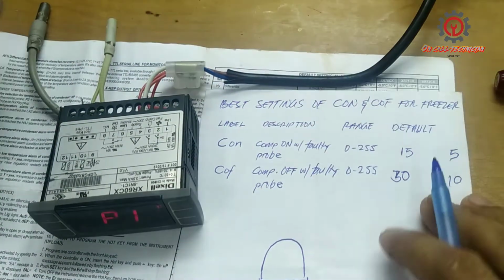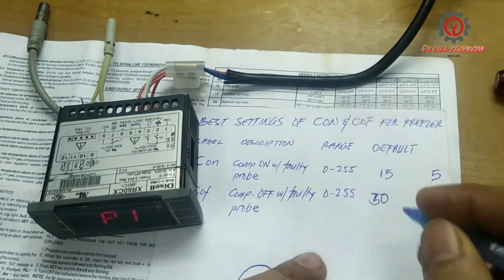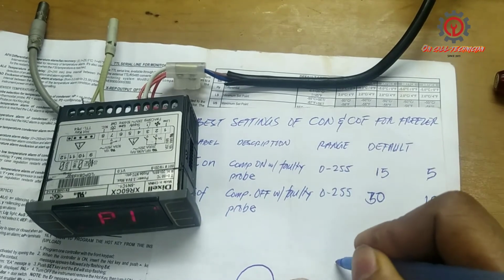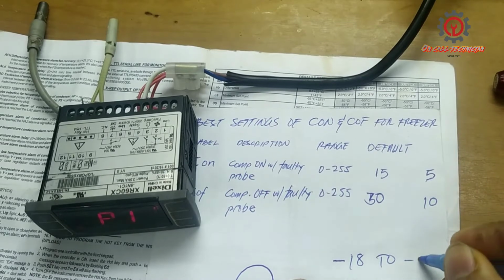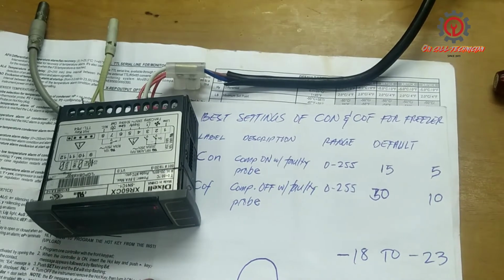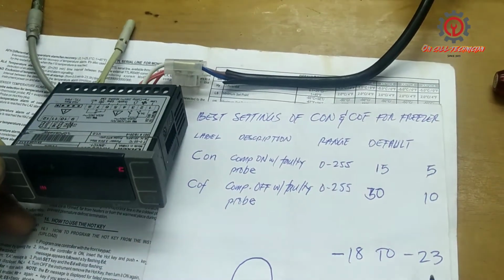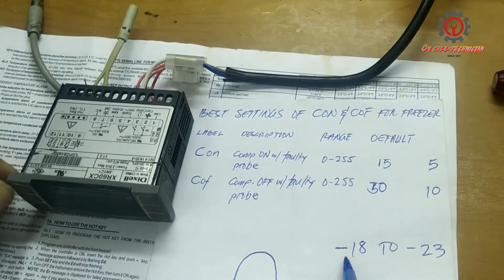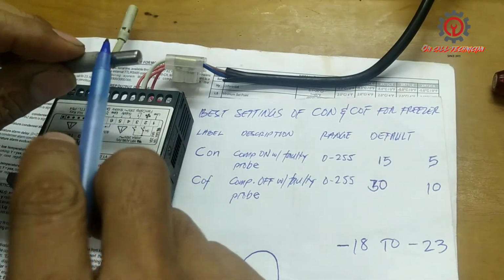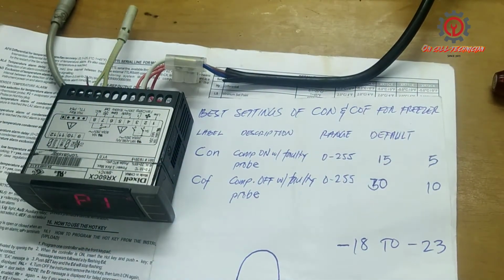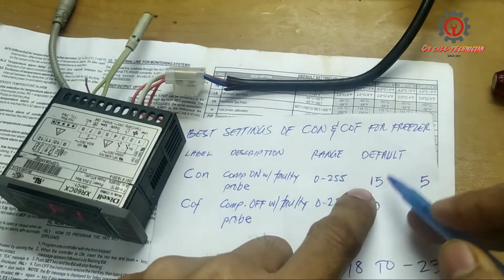For example, we are in a freezer and our setting for the freezer is negative 18 to negative 23. The purpose of this, guys, is just in case we are in the range of negative 22 and this sensor got a problem, and the manufacturer set that to 15 minutes.